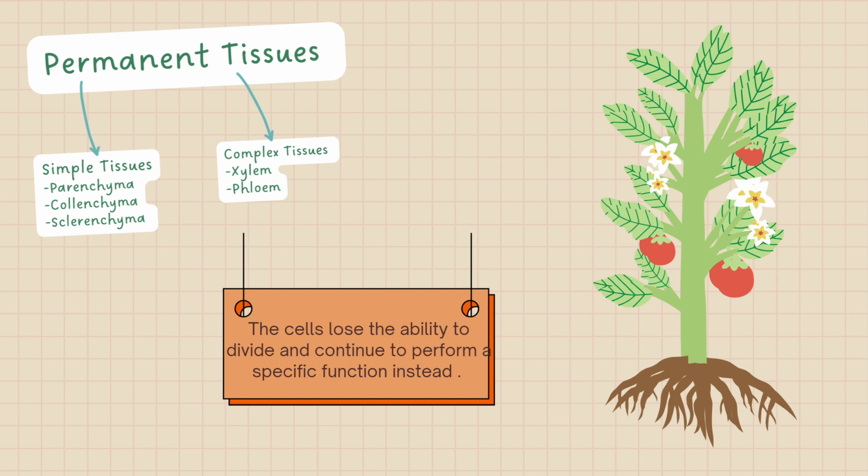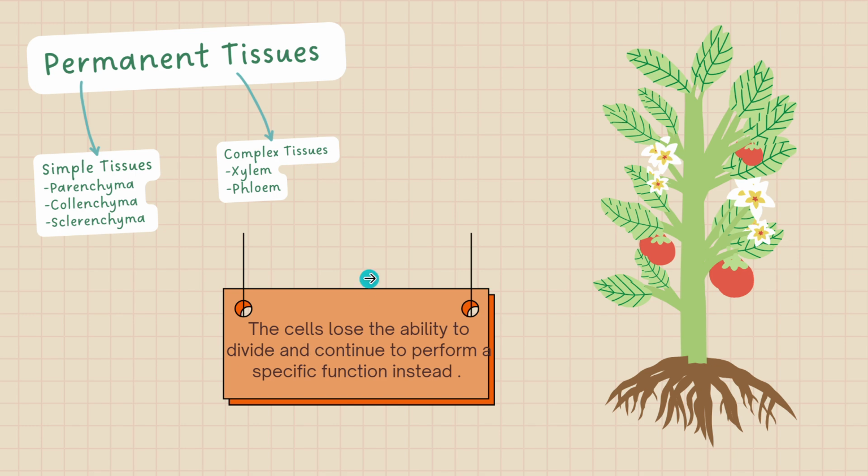Now I'm not saying it's a unicellular thing. It has one type of cell which performs the same function and has the same structure throughout. And in complex tissues, a bunch of various cells of different structures and functions come together to form xylem or phloem, but their main aim is to do one particular function.